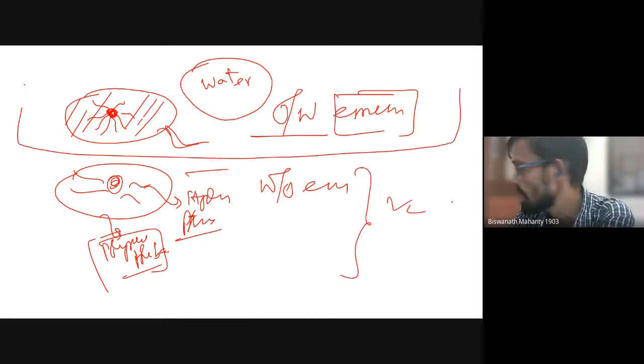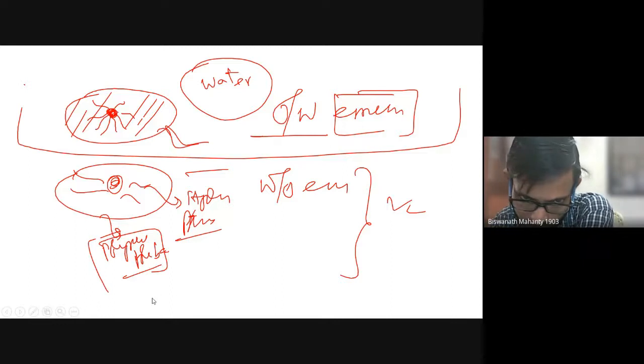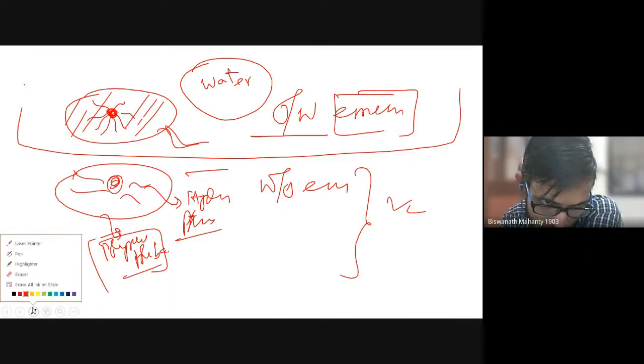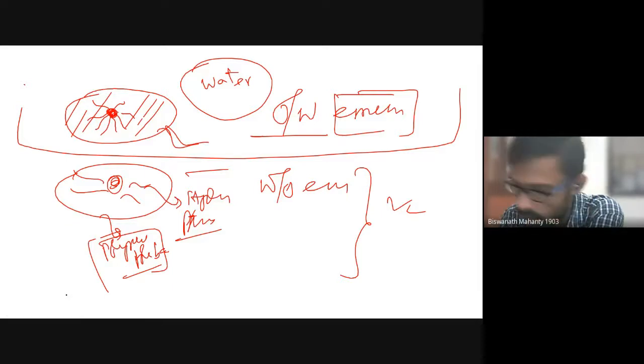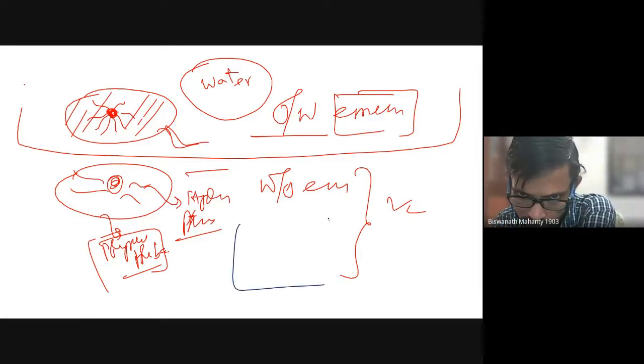Same way, the last test for emulsion type identification is conductivity. You know, emulsion is a preparation containing an oil phase and a water phase. So these are the oil droplets, but the outside phase is water.